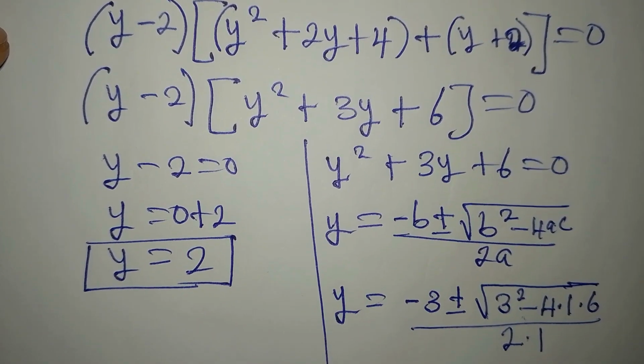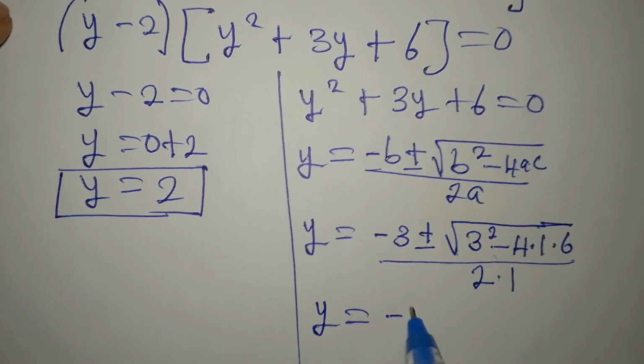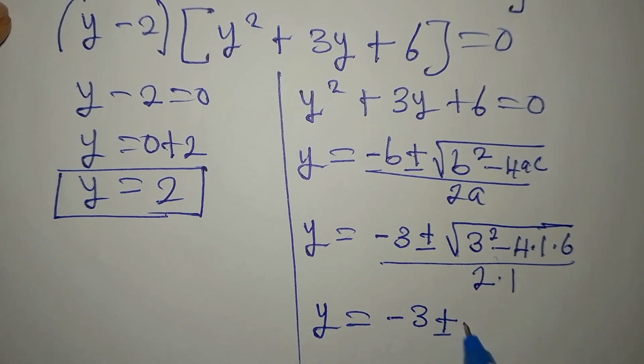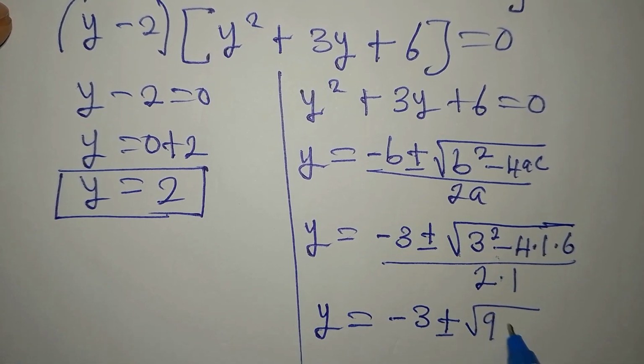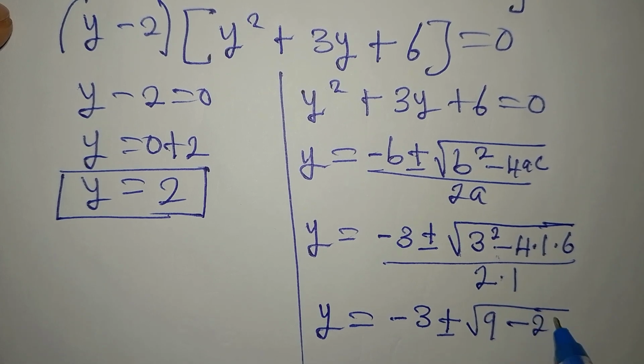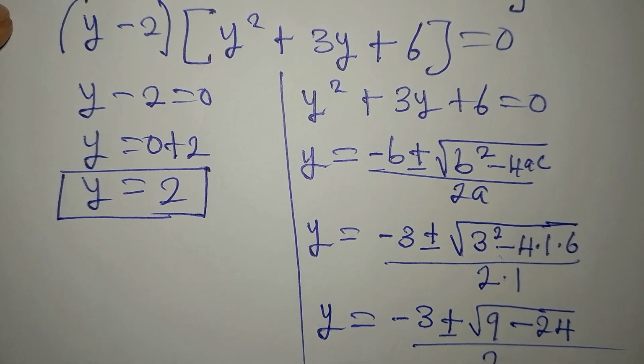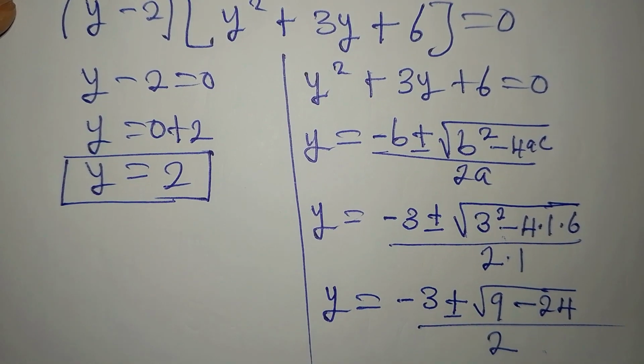So if we continue, then we have y equal to minus 3 plus or minus, 3 squared is 9, then minus 4 times 1 times 6 is 24. So we divide this by 2 times 1, and that is 2.